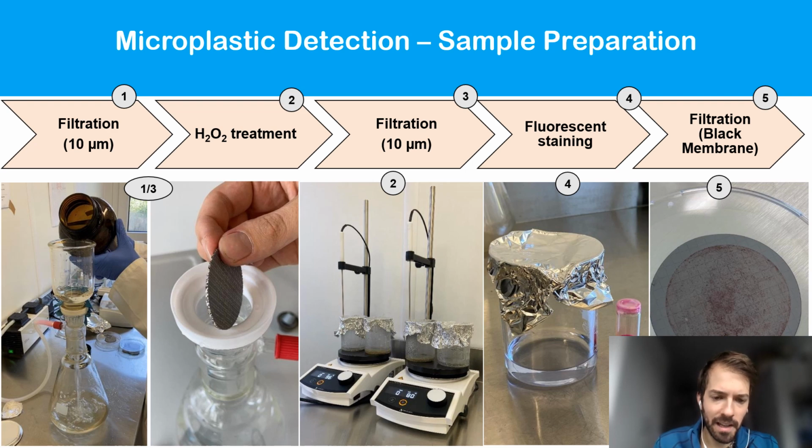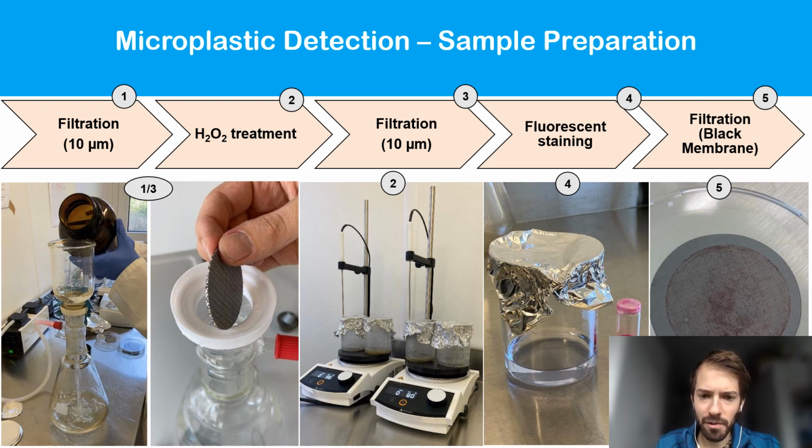We can take this filter directly, put it in a beaker, add hydrogen peroxide and start the hydrogen peroxide digestion. This has the aim to digest the natural particles. So the natural particles are strongly reduced while it preserves the microplastics, and we have mainly microplastics left in the sample. After this, we have a next filtration step to rinse off all the digested organic material.